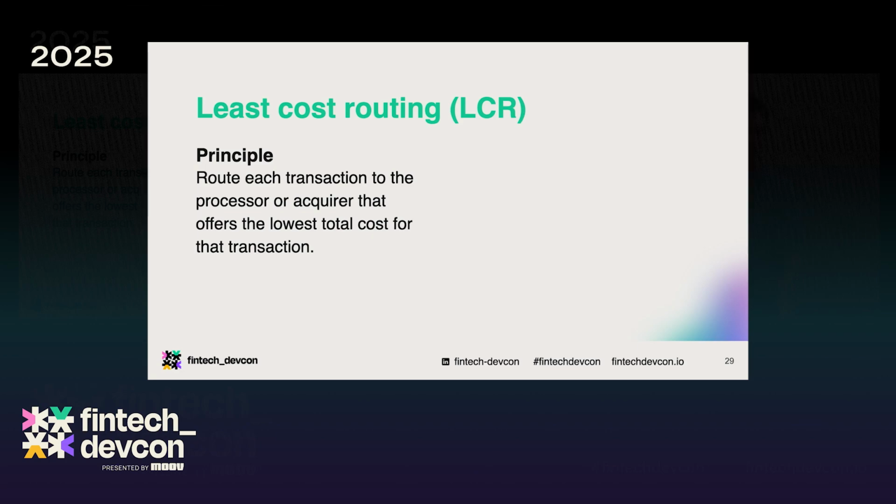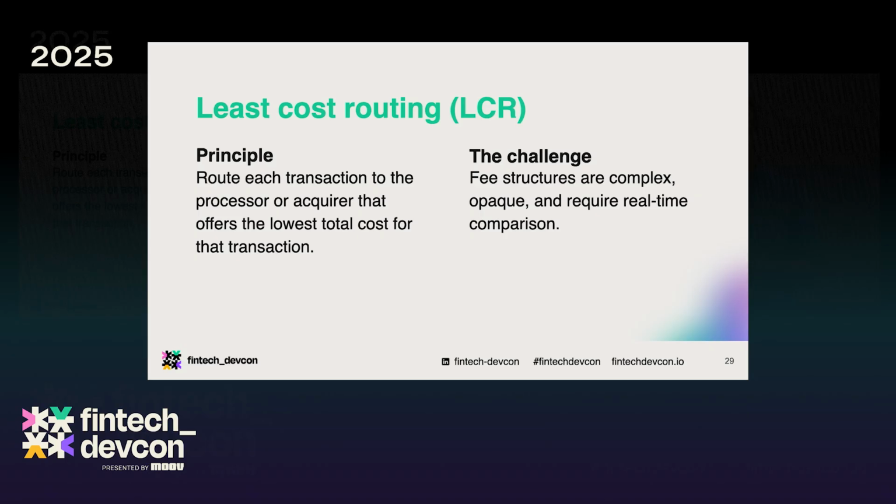The principle for that is routing each transaction over the route that has the lowest total cost for that specific transaction. A challenge here is fee structures are incredibly complex. Fee structures basically tell you, okay, if I have a payment of this type with these parameters, it's going to cost you this much based on this many factors. Could be hundreds of factors.